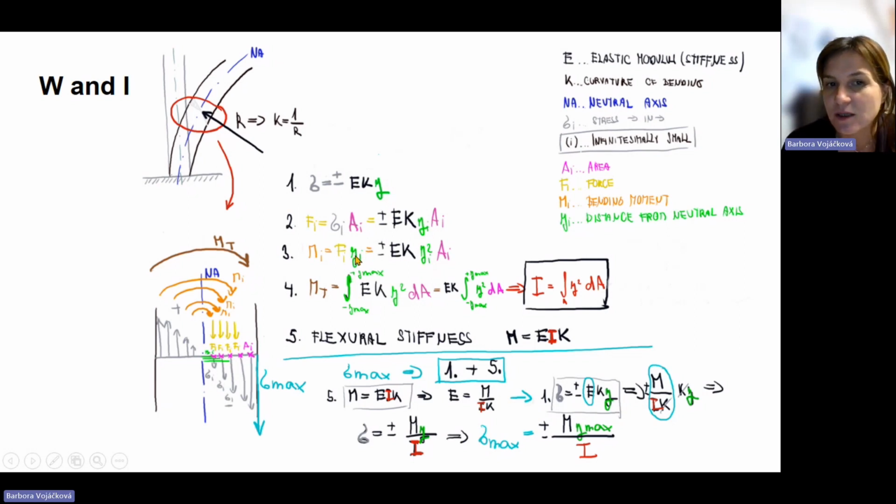Because we already solved the force, we can substitute into the equation again. We now see that the distance is squared, because it is multiplied once more by the distance from the neutral axis.